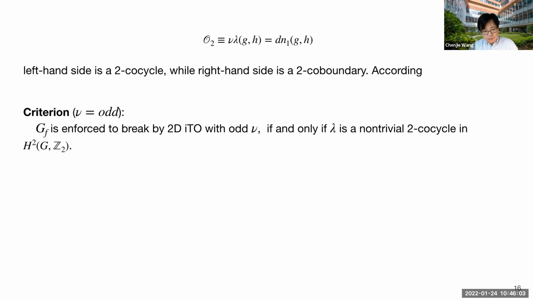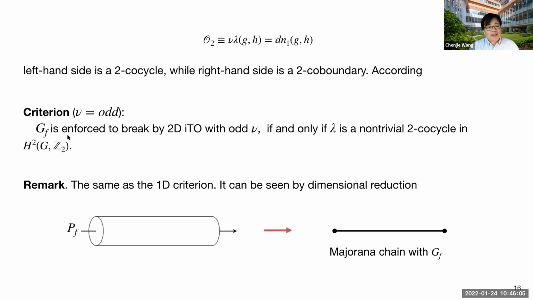People may realize that this criterion is the same as for the Majorana chain in 1D. It's not that surprising, because there is another argument one can give by dimensional reduction. Suppose you have a 2-dimensional sheet and you put it on a cylinder, then you insert a fermion parity flux.